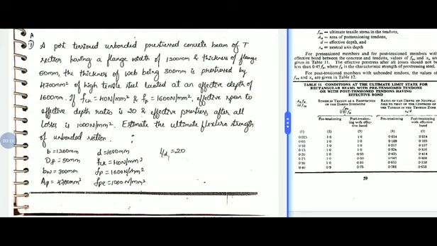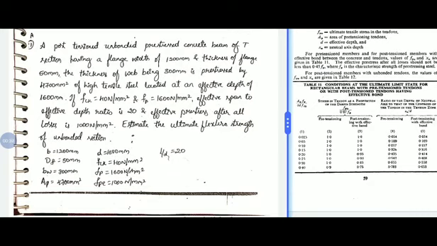A post-tensioned unbonded pre-stressed concrete beam of T section having a flange width of 1200 mm and thickness of flange 50 mm. The thickness of web being 300 mm is pre-stressed by 4700 mm square of high tensile steel located at an effective depth of 1600 mm.